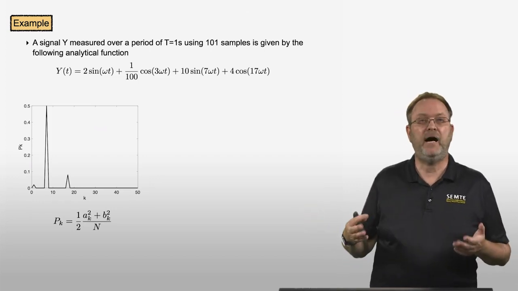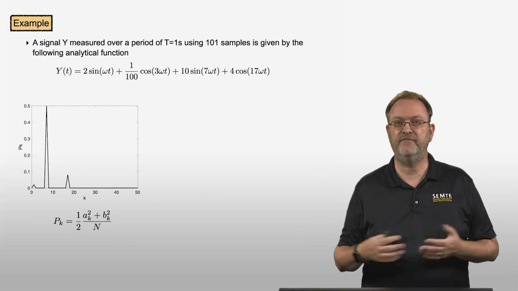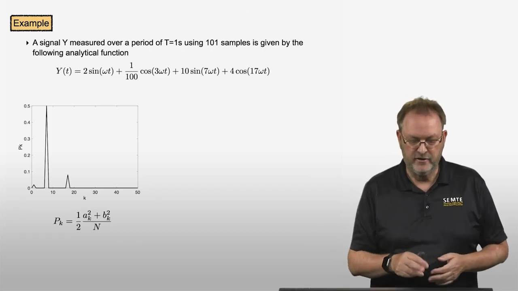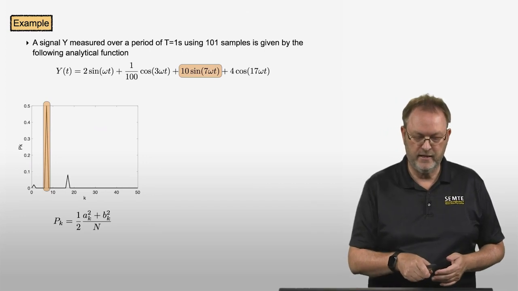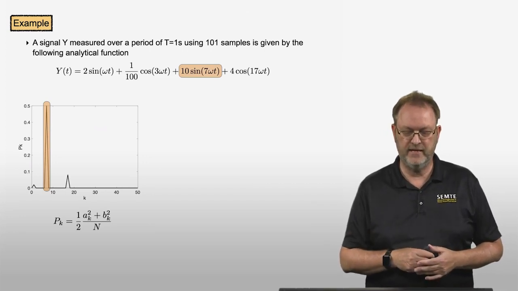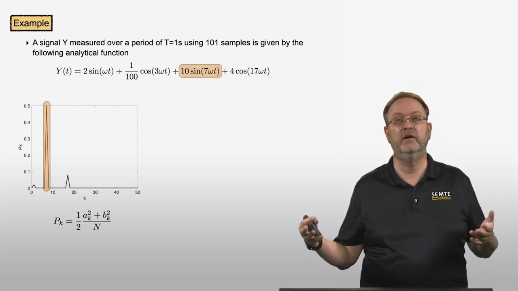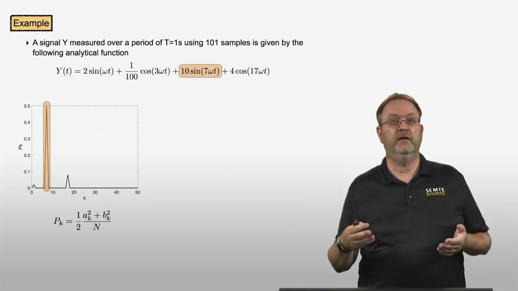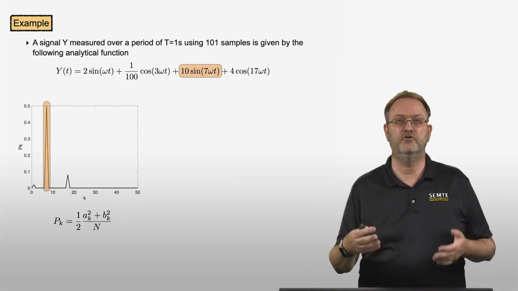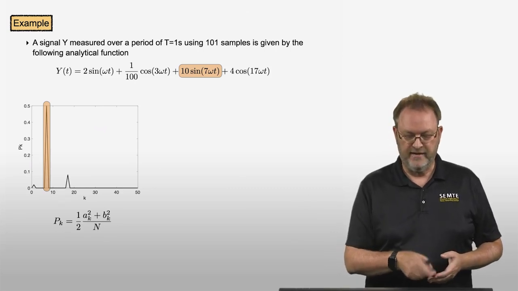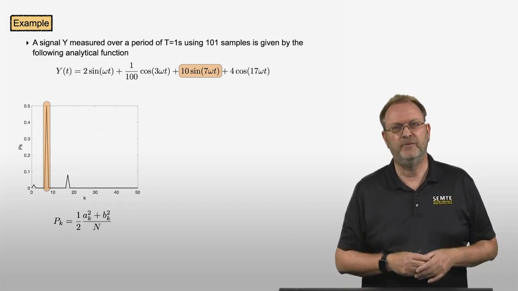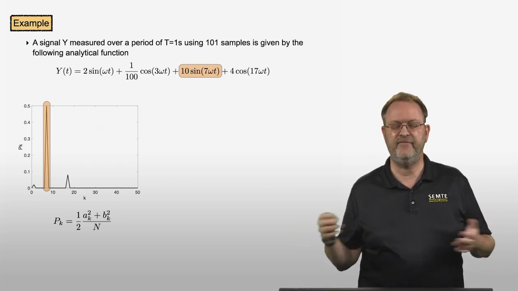If I plot that power, P sub k, as a function of k, I get the following graph here. So let's look at the biggest spike here. That is the highest value of the power. So this is supposed to be the wave number that contributes most to the signal y of t. And if you look at the k value down here, it's a little bit hard to pick out. The k there is 7.